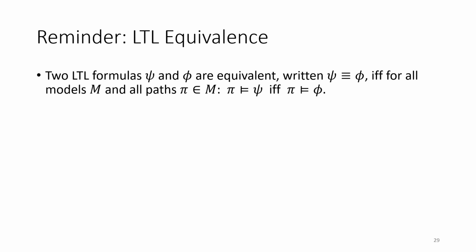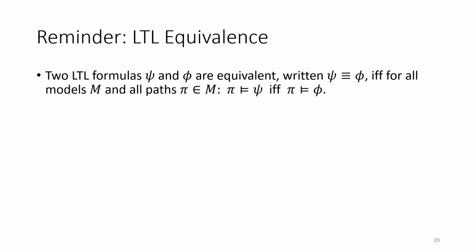If the path satisfies one formula, then it will also satisfy the other. So if it violates one, then it would violate the other. But if it satisfies one, then it must satisfy the other. So for any model and any computation path, the satisfaction values must agree in both directions, so they must be equivalent.